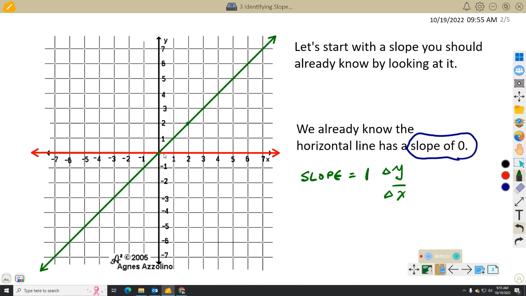If my x increases by 5, my y increases by 5. Similarly, if my x decreases by 4, my y decreases by 4. So since x's and y's are equal, we have a slope of 1. Okay, so remember this.